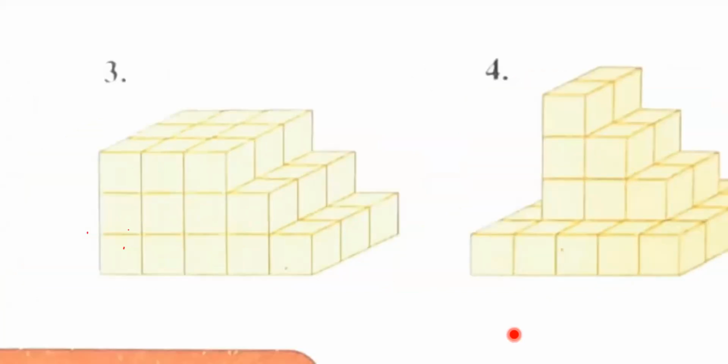Yeah, can you tell me how many cubes are there? Good morning. How many cubes are there? 3, 4, 5, 6, 7, 8, 9, 10, 11, 12, 13. Ma'am, 15.